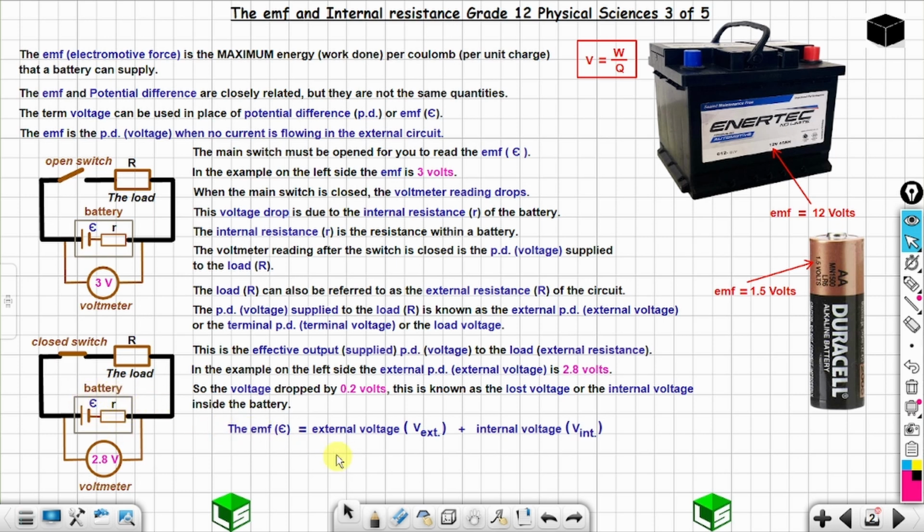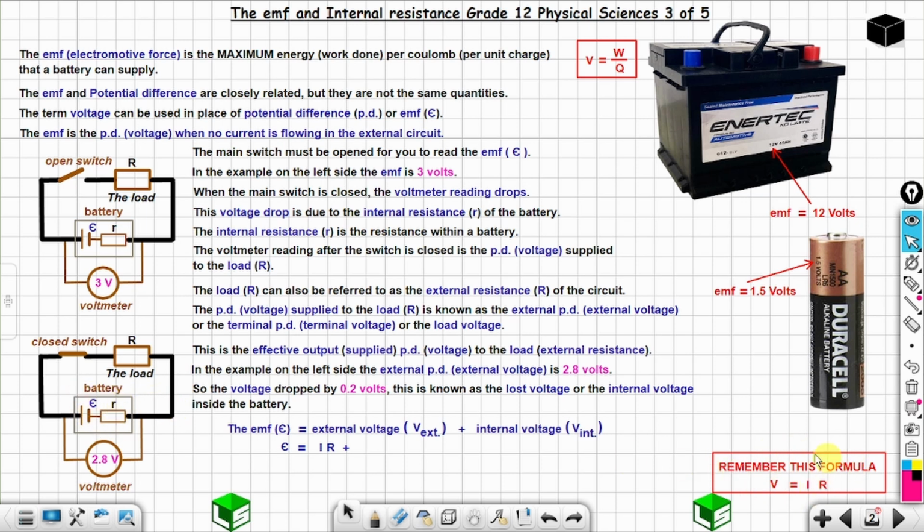So the EMF is equal to, remember this formula, voltage is equal to current times resistance. So voltage is equal to current times resistance plus, now you have the internal voltage inside of the battery.